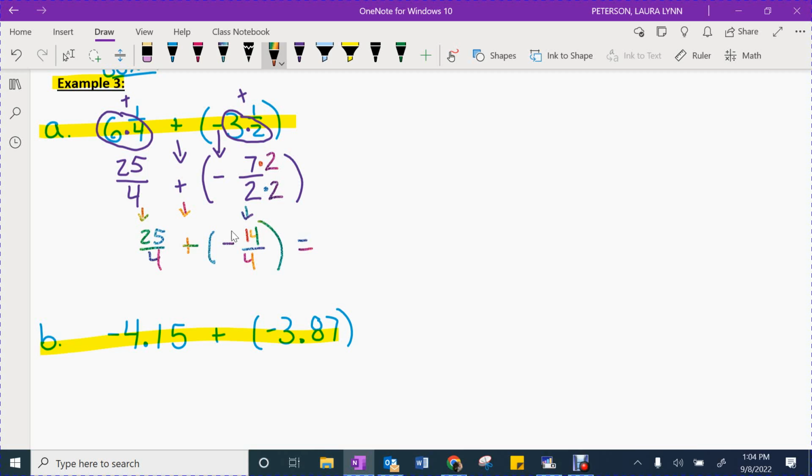Well, I see we have a positive fraction and a negative fraction. Those are different, and that means subtract. Because we have a common denominator, I can just subtract like normal. 25 over 4 minus 14 over 4. And that gives me 11 over 4.